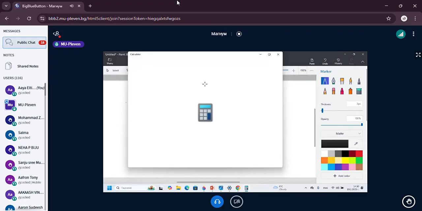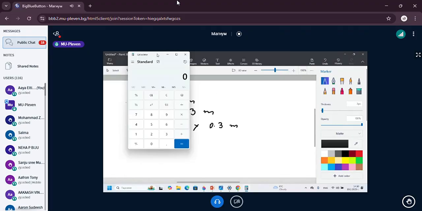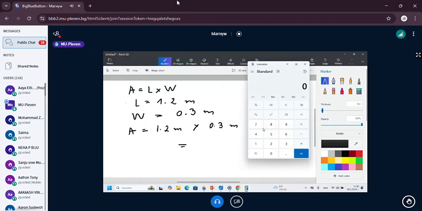I purposely want to switch on the calculator to explain the difference between calculated quantities and measured quantities. So that's 1.2 multiplied by 0.3, which gives 0.36 meters squared.